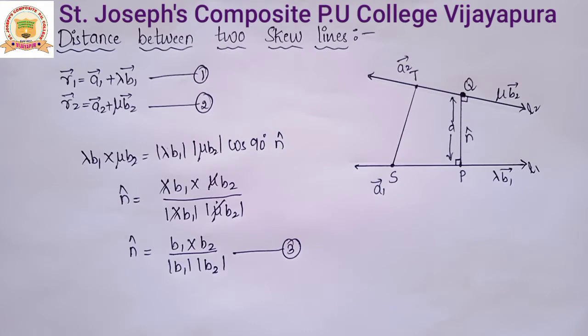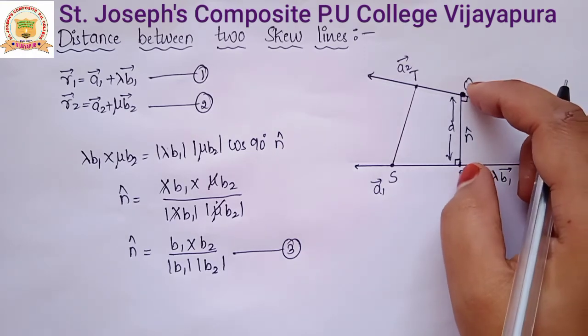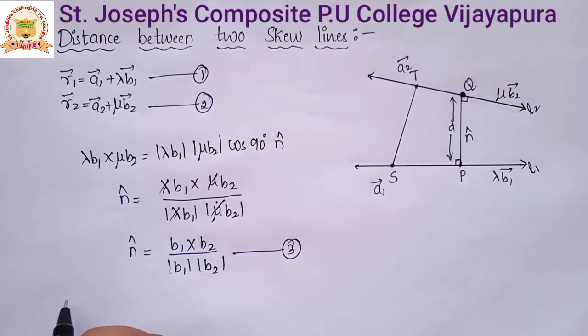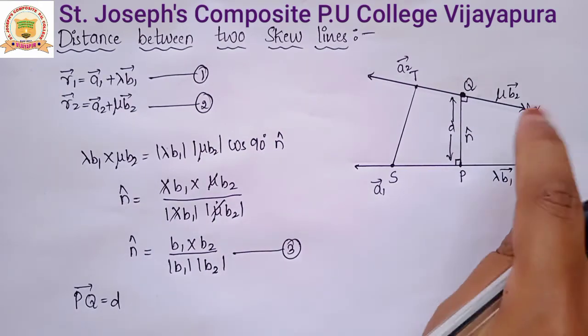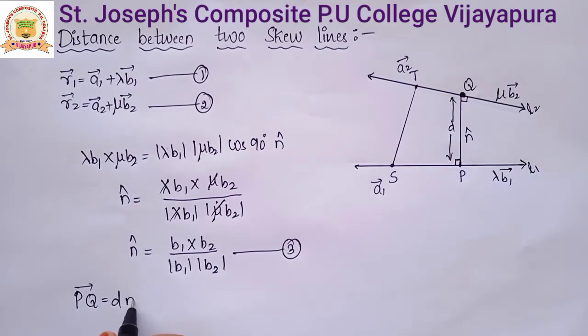And also we know that this PQ is a vector. Then vector PQ is a vector, it has both magnitude as well as direction. This PQ has the magnitude d and direction n unit vector.